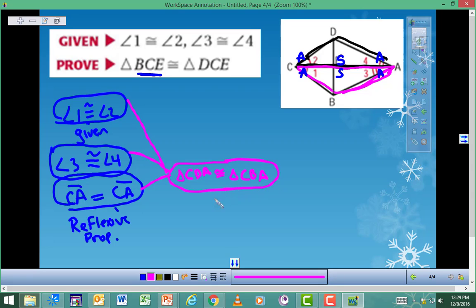And please remind me, what's the reason for this again? Angle, side, angle. Now, because I've shown this, I can then continue. I'm going to continue up here to a new bubble. And I'm going to say CD is congruent to BC.